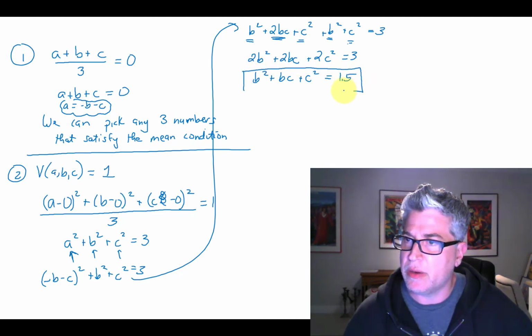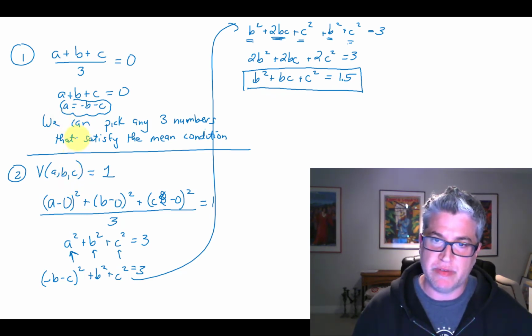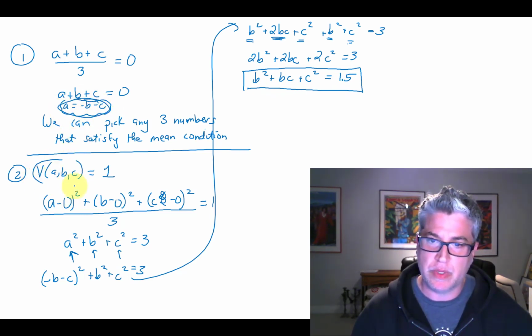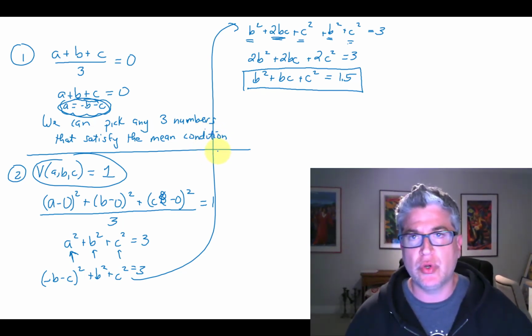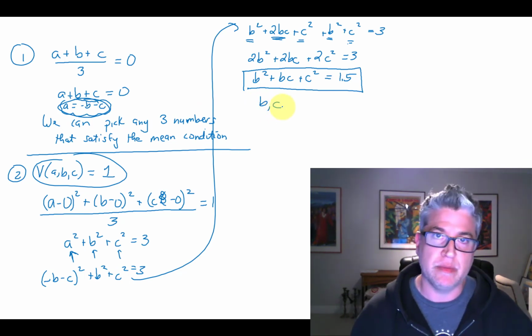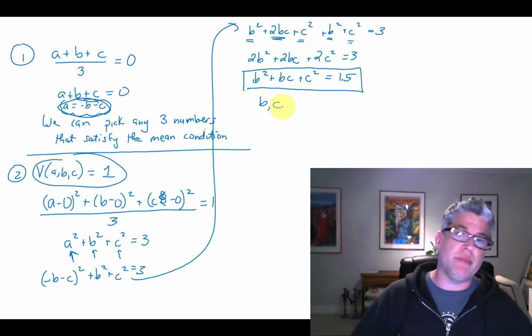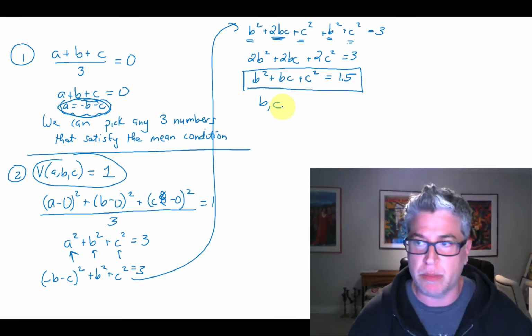Now, what do we got here? So once we incorporated both bits of information, the mean and the variance, what we see is that we actually only have control over two data points, B and C. And which ones we called B and C was totally arbitrary, right? It's just 2 out of the 3 numbers.